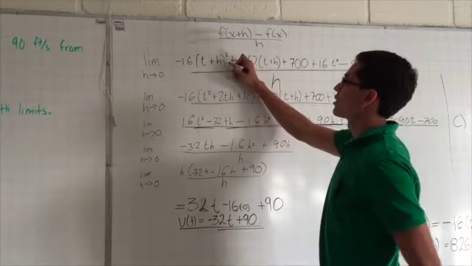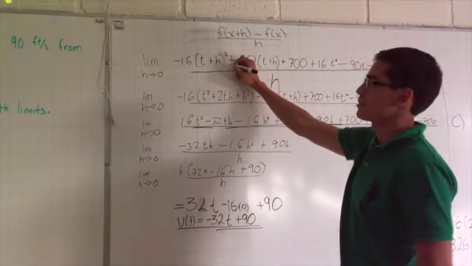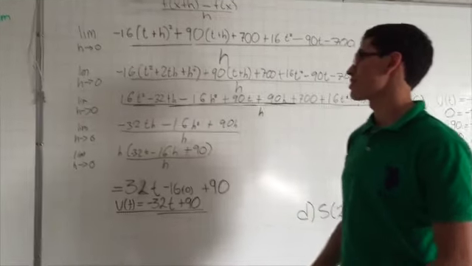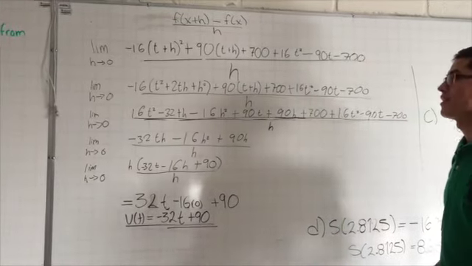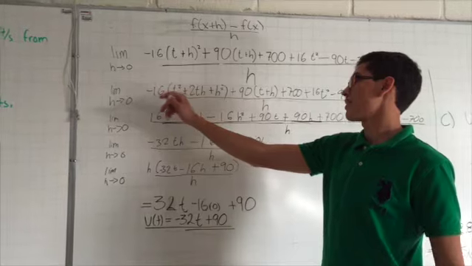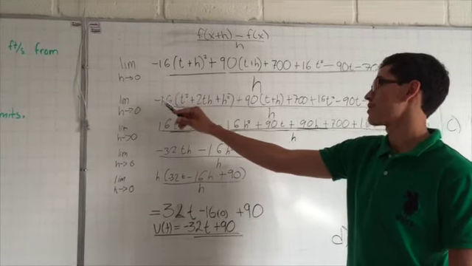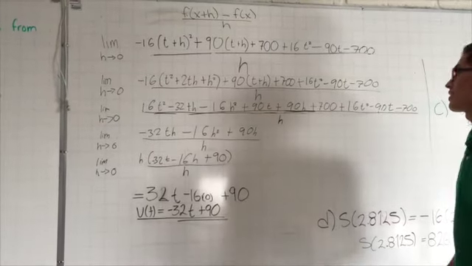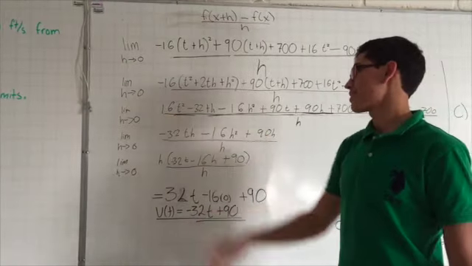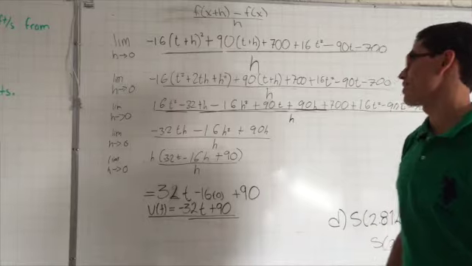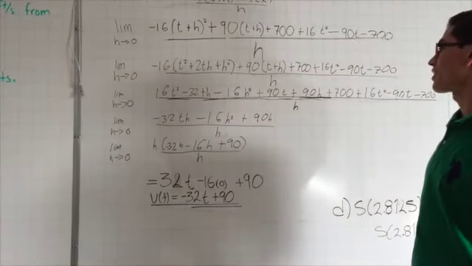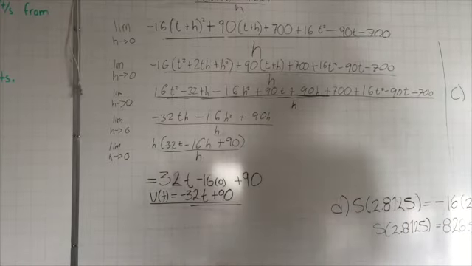Then we solve, factorize this, and we have t squared plus 2th plus h squared, and then we solve the multiplications, minus 16 times this plus 90 times this, and we get minus 16t squared minus 32th minus 16h squared plus 90t plus 90h plus 700.